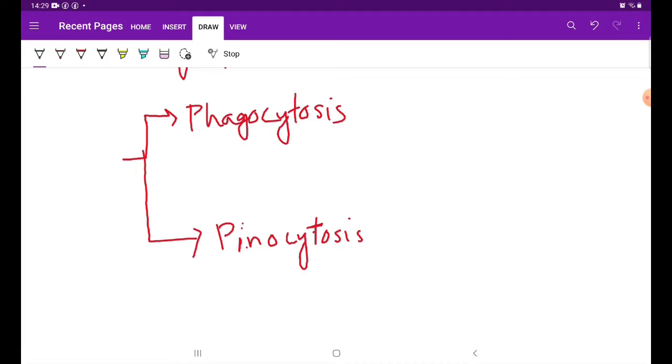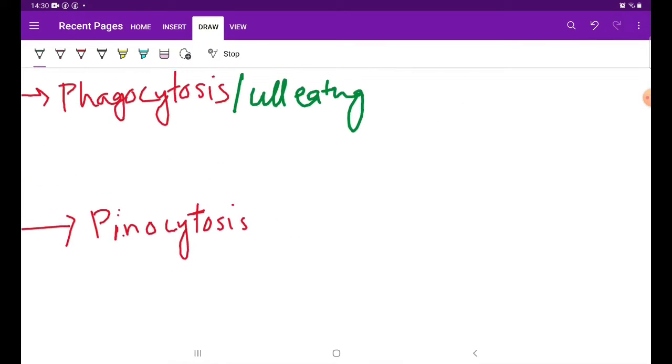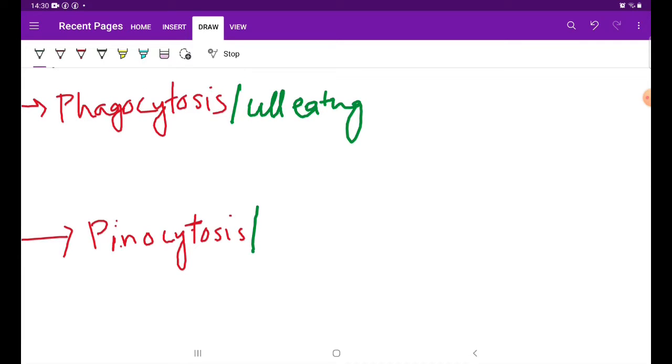So what are the differences? Phagocytosis, we can also call it cell eating. Pinocytosis, we can call it cell drinking.